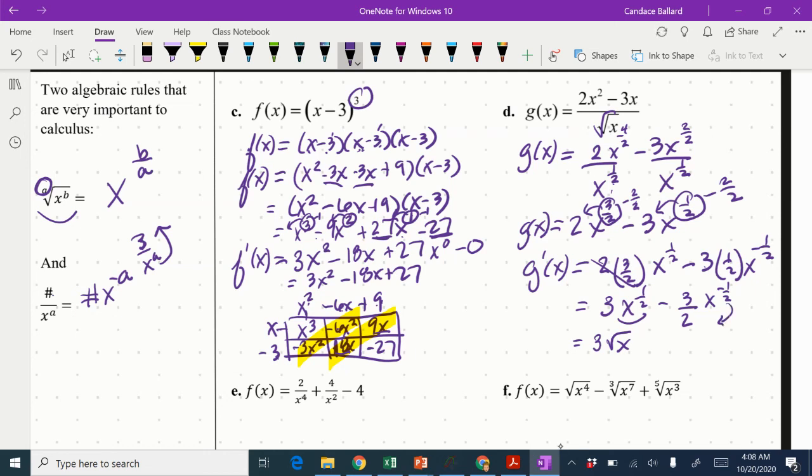This one is going to probably pop downstairs, so it could say 3 over 2x to the 1/2, and then that does not look like an exponent, does it? And then they could take this and convert it back into a radical, so they could say 3 square root of x minus 3 over 2 square root of x.